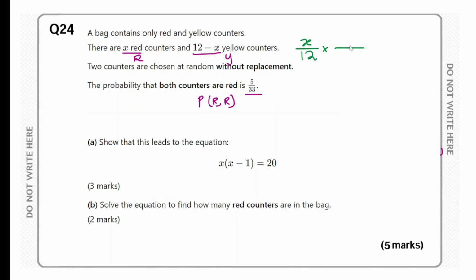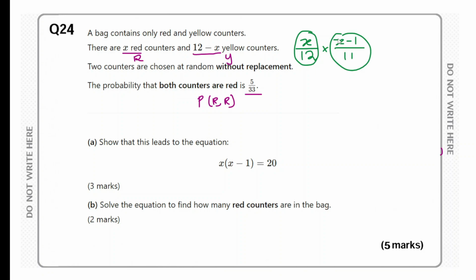So it will be x take away 1. And there were 12 to start with, but 1 has been taken. So now there will be only 11 left. So this is the probability of getting a red for the first time. This is the probability of getting a red counter for the second time.